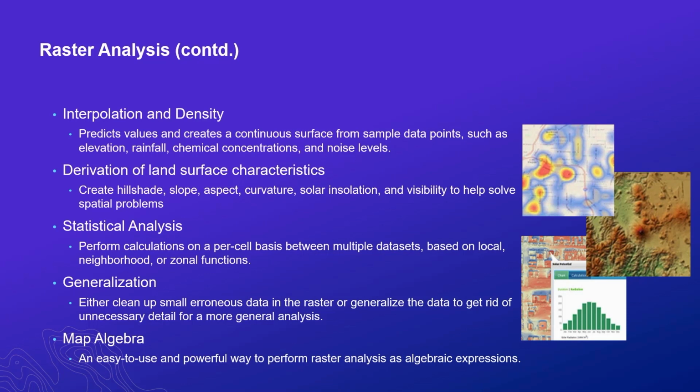Derivation of land surface characteristics is something very common that we do without even thinking too much about it, like creating hillshade or slope or aspect. Curvature of your land surface gives much more insight about your land surface. Solar insolation, visibility. Visibility is one of the most common ones used for many reasons, right?